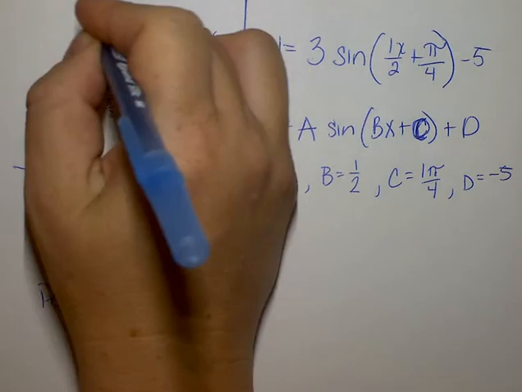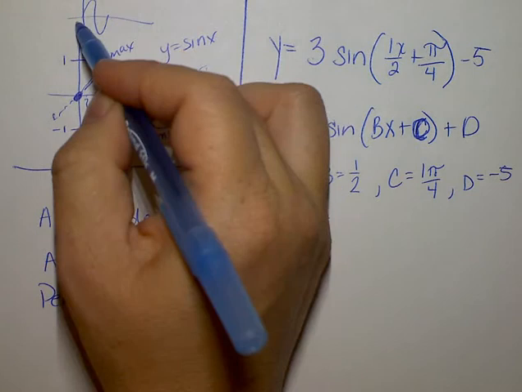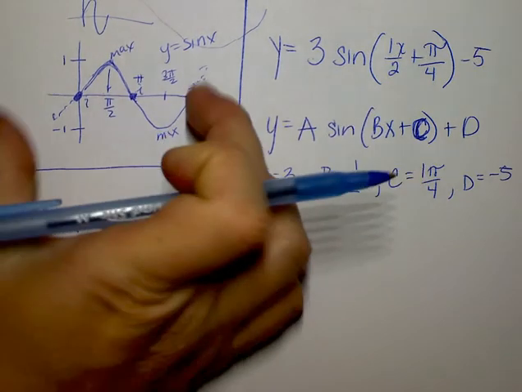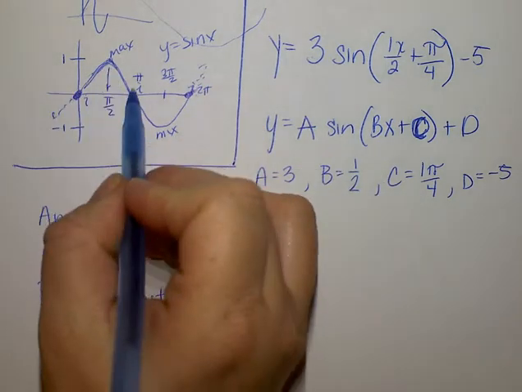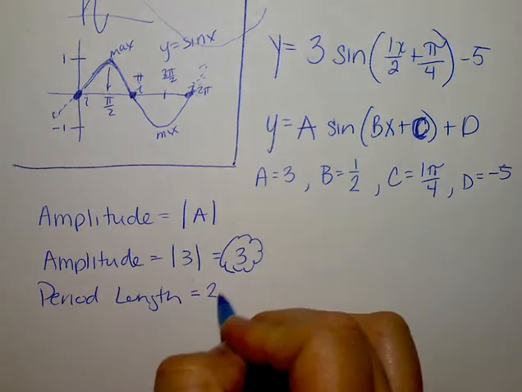Sometimes it does that exact same shape, but it does it really fast. And other times, it takes a really long time to make that shape. So we're looking at what is the distance from the start to the end to go intercept, max, intercept, min, intercept. To figure that out, we're going to take 2 pi and look at the board.